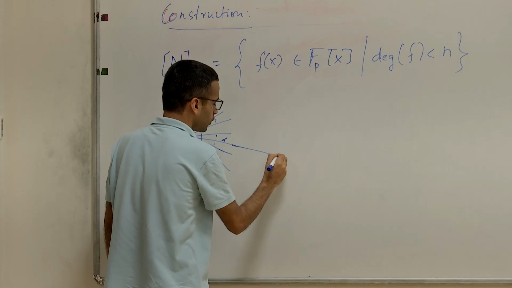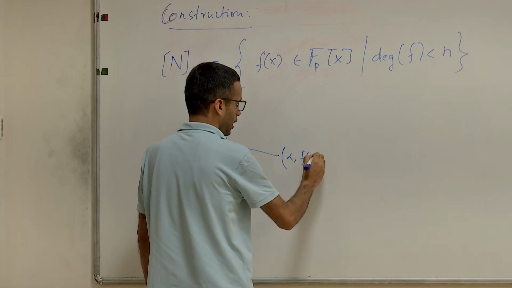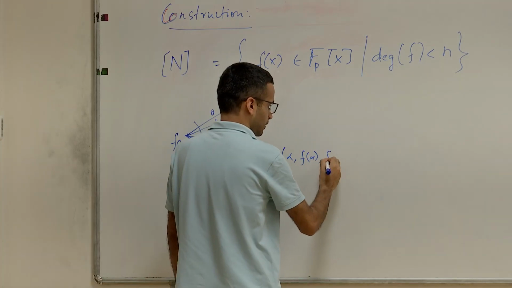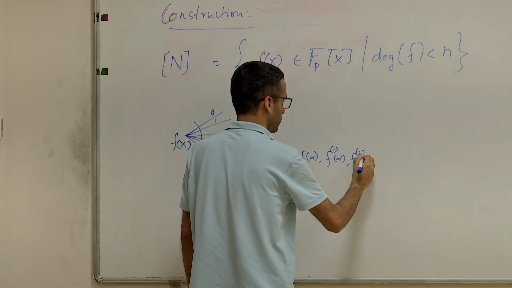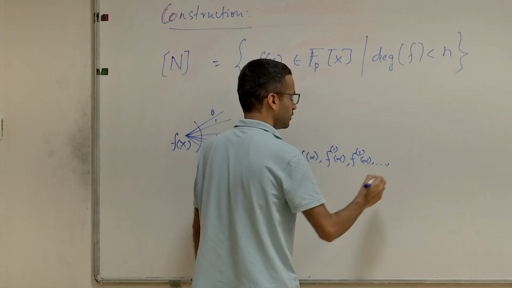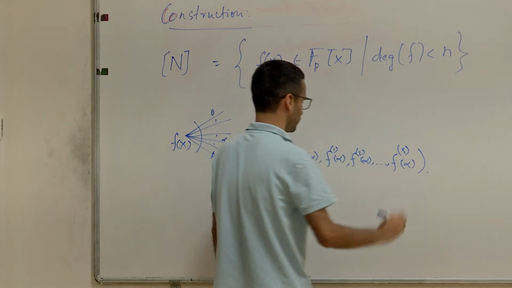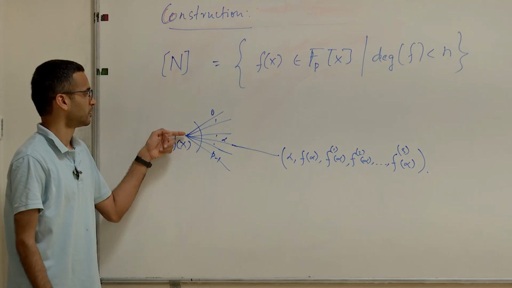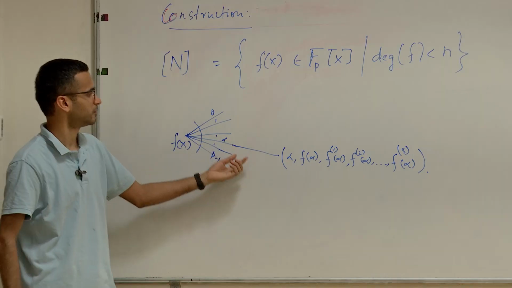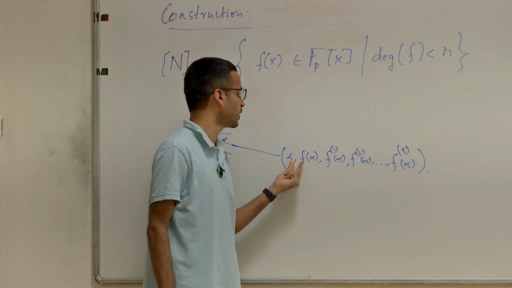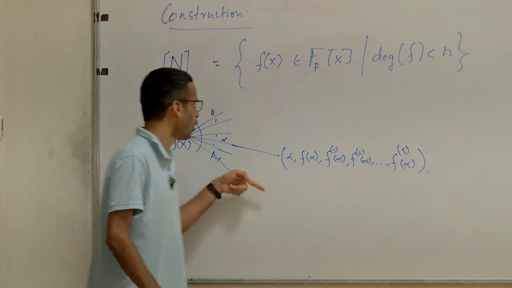The edge labeled by alpha goes to a vertex on the right hand side, which looks like alpha, f of alpha, the first derivative of f evaluated at alpha, the second derivative of f evaluated at alpha, and so on, up to the sth derivative of f evaluated at alpha. So the neighborhood stores information of the evaluation of the polynomial and all its derivatives up to order s on all points of Fp.